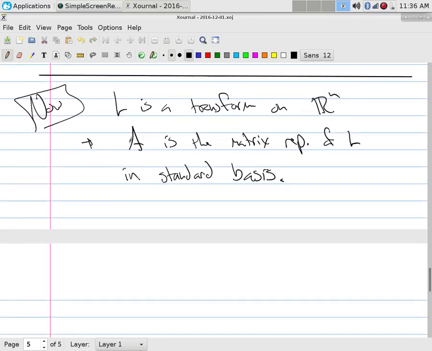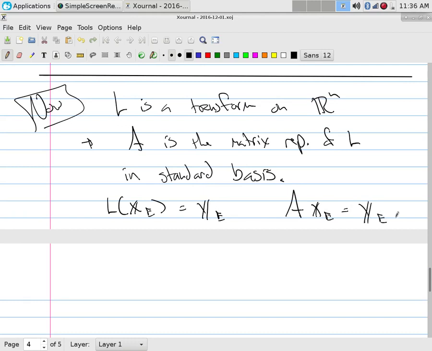So what's going on here? Transforms say that if I take L of a vector x that's in standard form, it spits out some new vector y still in standard, right? So what is matrix A? That says A times a vector that's in standard form spits out a transformed vector in standard form.